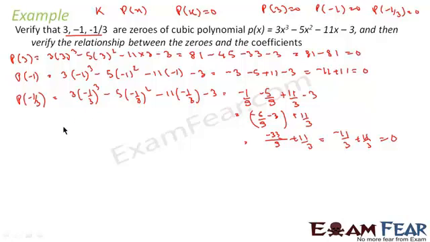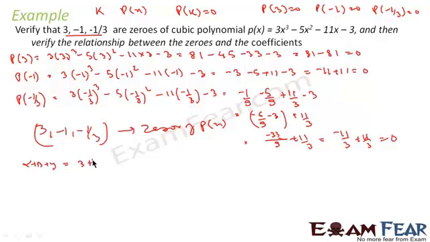Thus we can tell that 3, minus 1 and minus 1 by 3 are zeros of p(x). Correct? Now since these are zeros of p(x), now let's try to prove our formula. So when I say alpha plus beta plus gamma, this comes out to be 3 plus minus 1 plus minus 1 by 3.